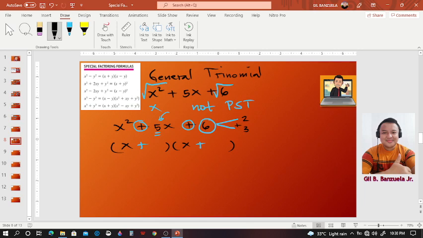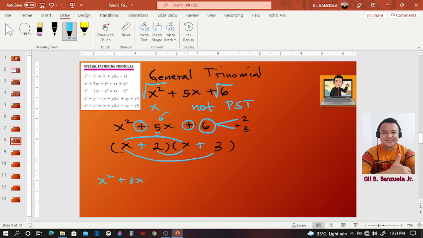Exactly. Now, yan na yung magiging numerical values natin dito sa dalawang binomial. Now, for you to check if your factors are correct, we simply do the FOIL method. So x times x, then we have x squared. Then the outer term, 3 times x, so that is positive 3x.